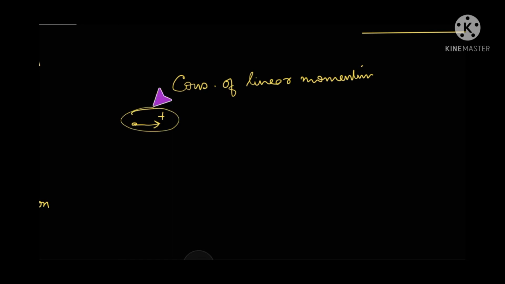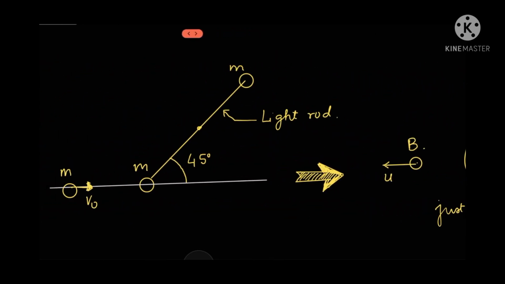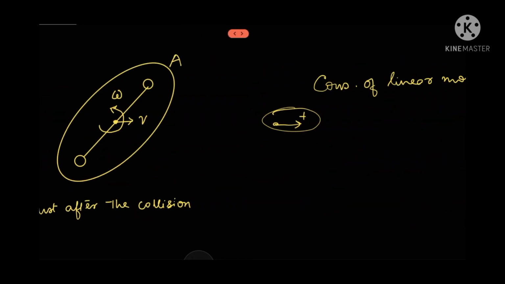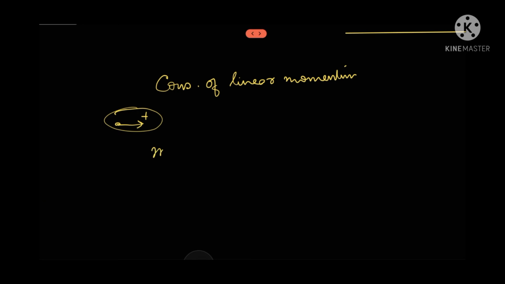So we can apply conservation of linear momentum. Taking this direction as plus, what is the momentum before collision? Before collision, momentum is m v0 in positive direction.